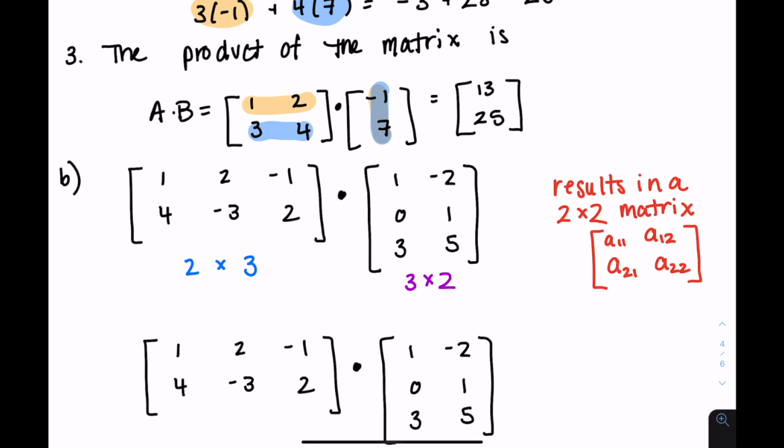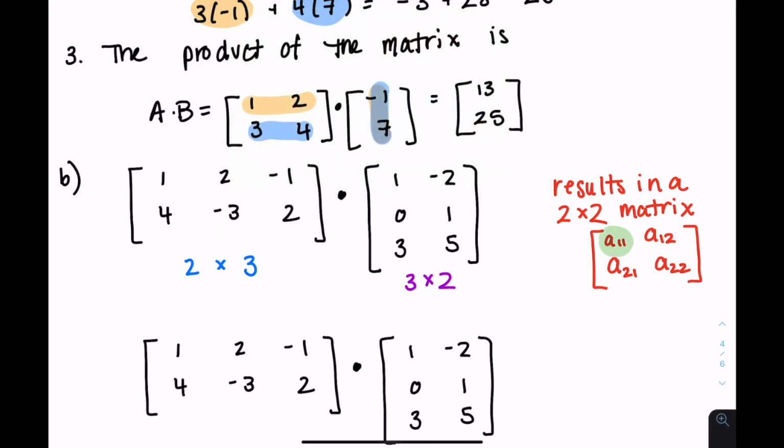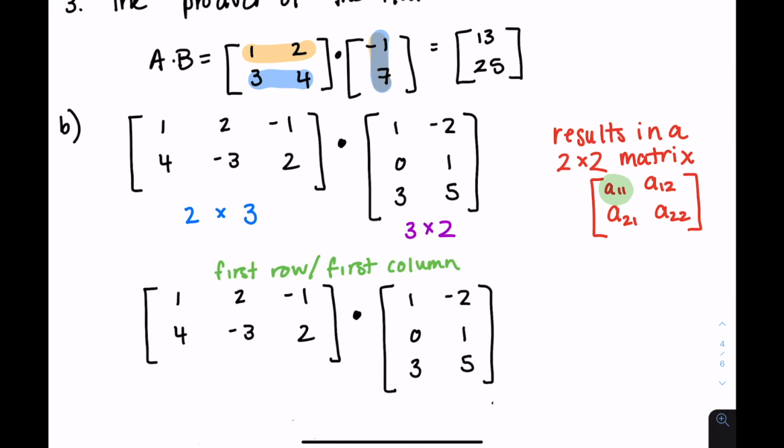So I'm going to go ahead and give these matrices element values, so this way you can kind of see where we're coming up with each value on its own. So to find this first position, we're going to look at the first row and first column. So my first row, first column, the A11 spot. Okay.